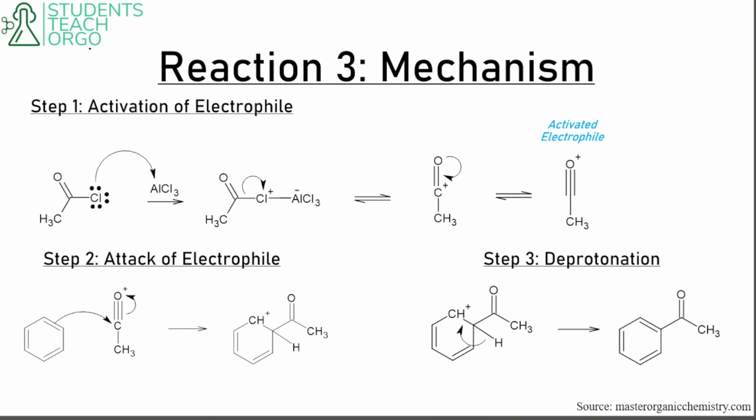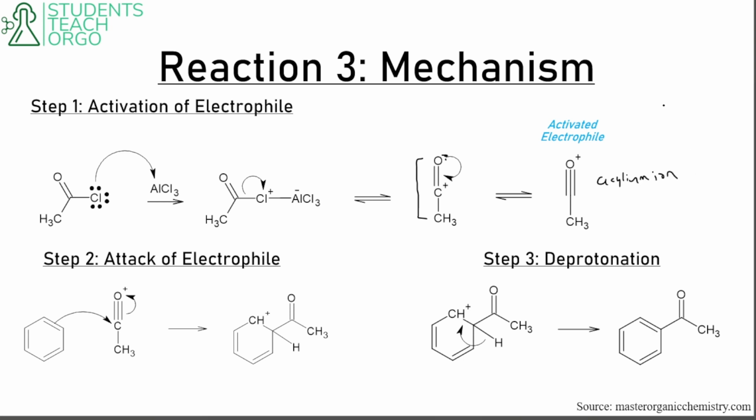So how does this work? Well, the activation of the electrophile, once again, is the first thing that happens. This chlorine grabs aluminum, then you get a carbocation that forms like so, and the carbocation is stabilized by the pi electrons of the oxygen, forming this acylium ion.